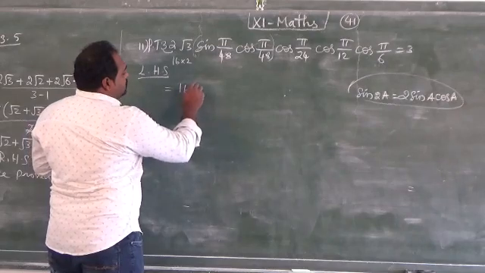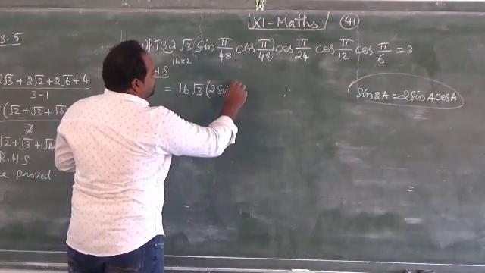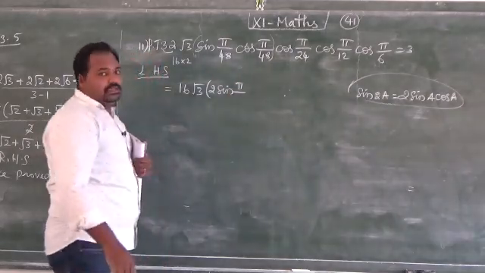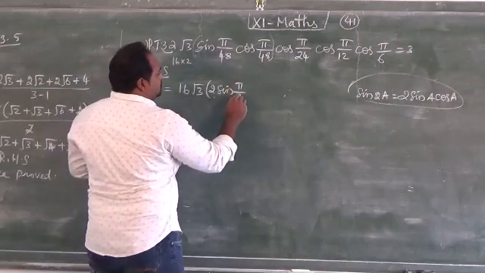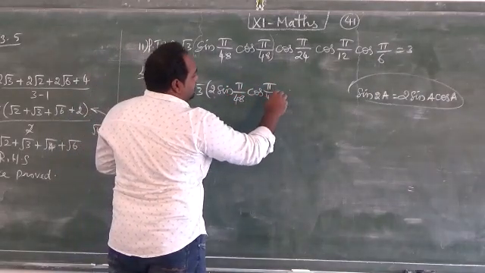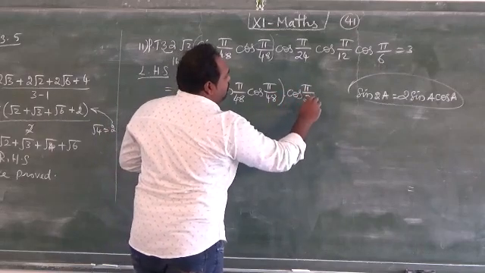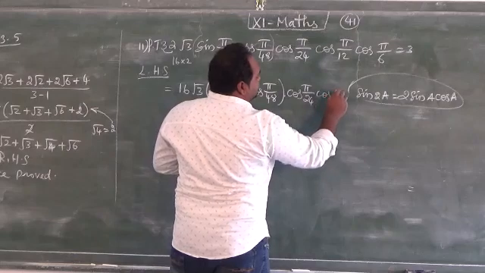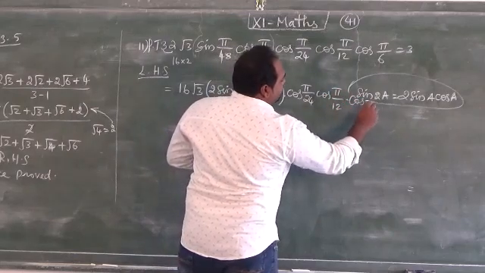So 16 root 3 into 2 sin pi by 48 cos pi by 48 into cos pi by 24 cos pi by 12 into cos pi by 6. Because all are multiplication, there is no problem taking a 2 for these terms.